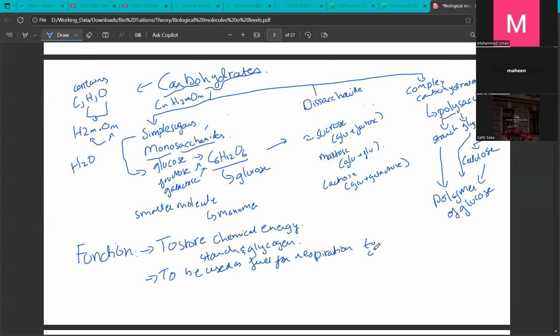to create energy or ATP. You know that the energy in the cell is ATP. So to create ATP, you need carbohydrates, and this is generally glucose and other simple sugars.